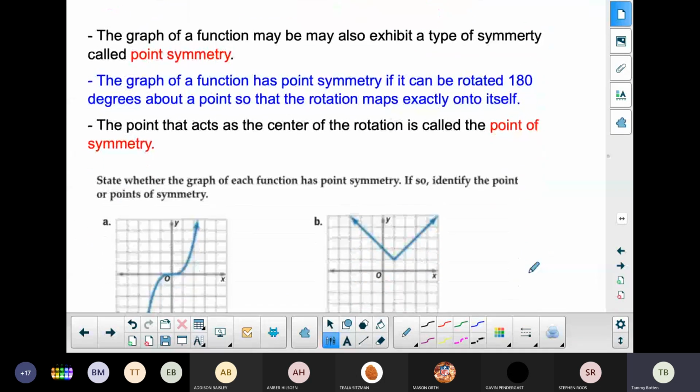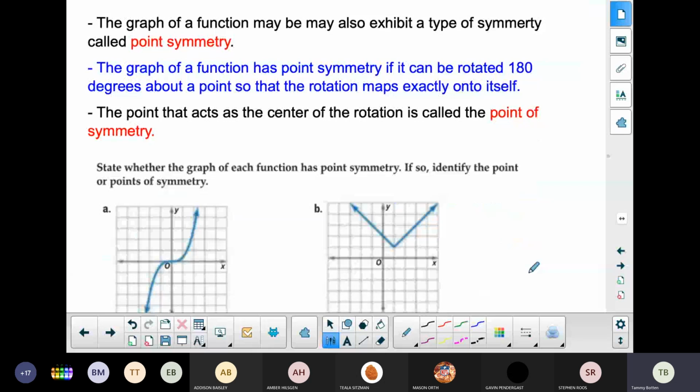The second thing we're going to talk about here is point symmetry.